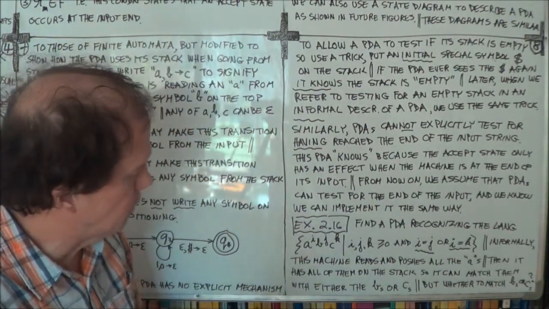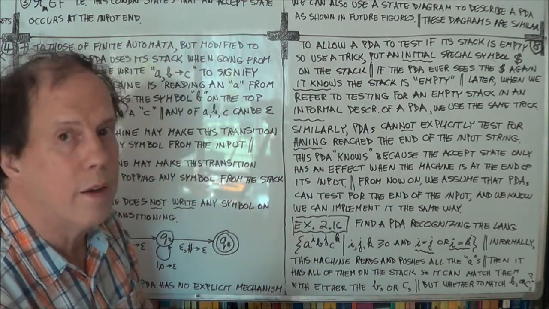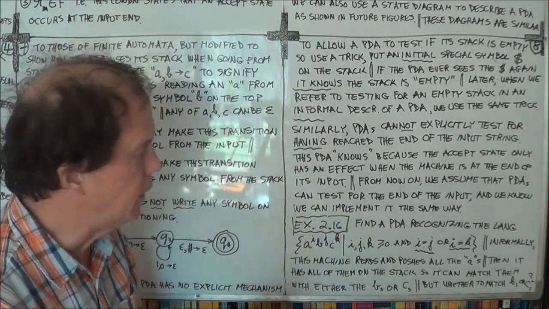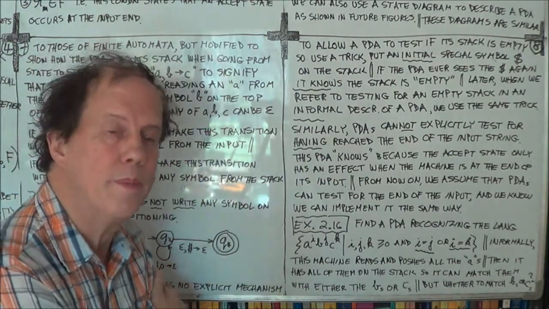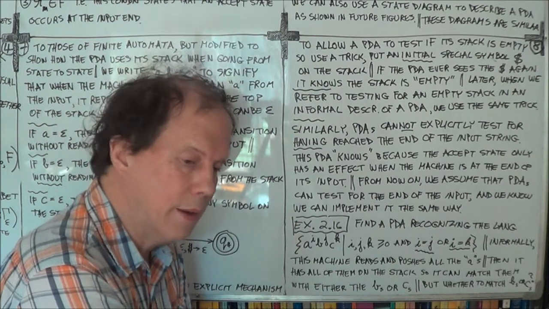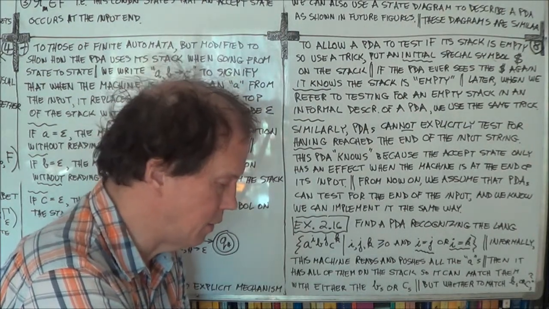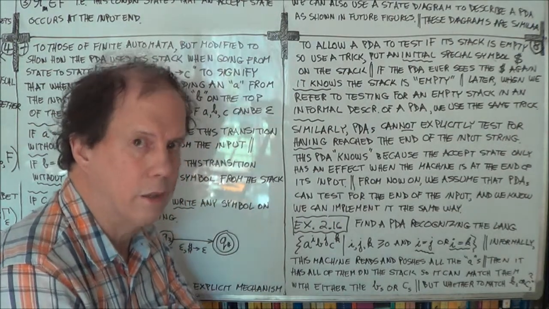Now to finish off this session on the board, we start our second example of the use of a PDA. So what do PDAs do? Well, they recognize languages. They can recognize non-regular languages.